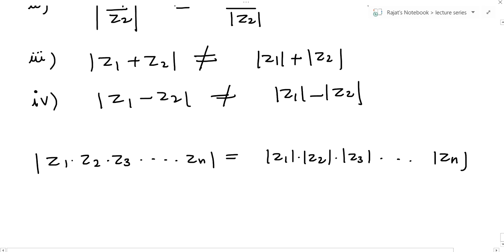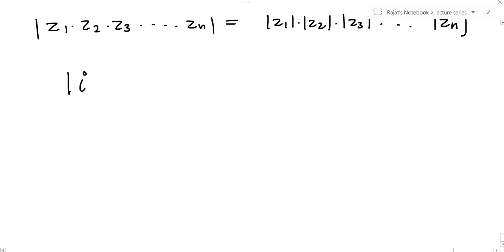But in division you cannot divide n complex numbers, because if you divide, it will come to the numerator. So it's no point. For the division we write it simply as mod of z1 by z2. These are some very straightforward things.